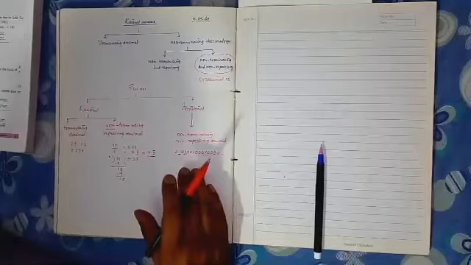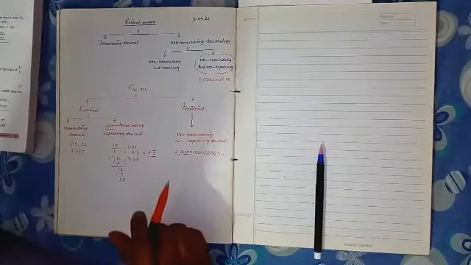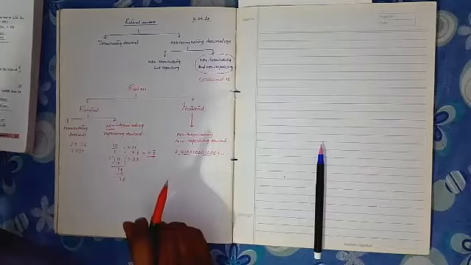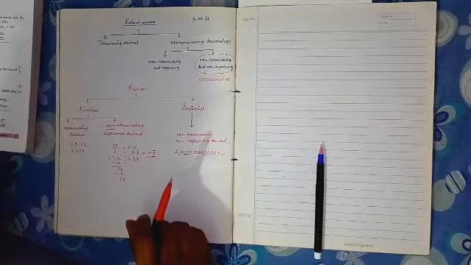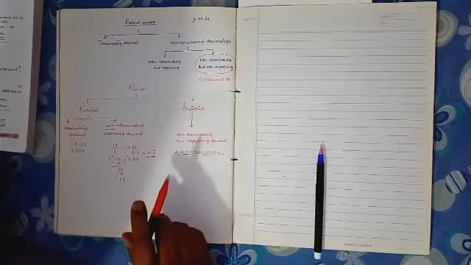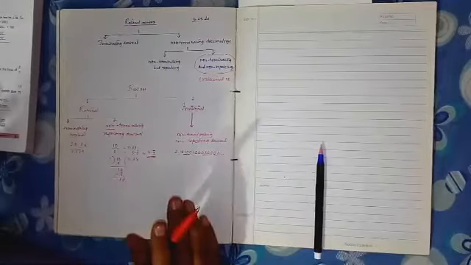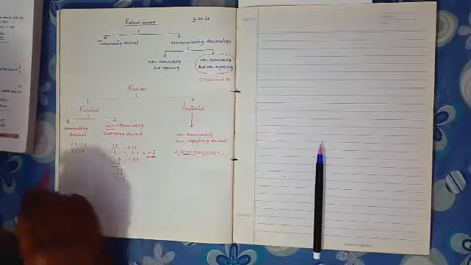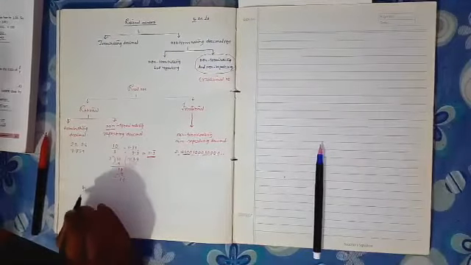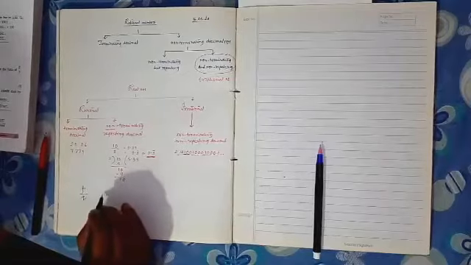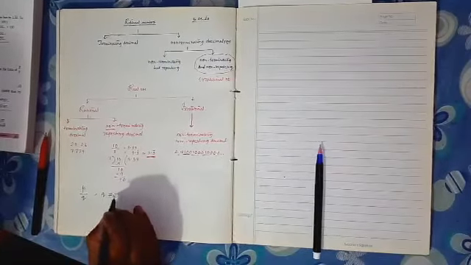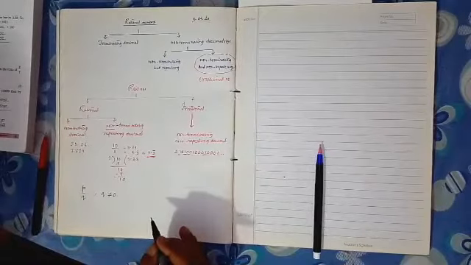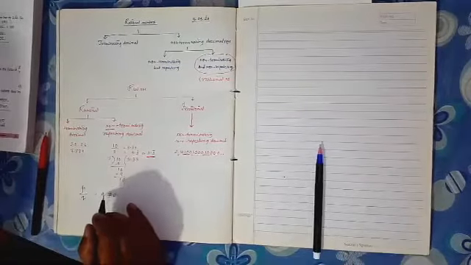Now, how to identify for a rational number whether the number is terminating or non-terminating, repeating? Since the number is a rational number, we can write the number in the form of p by q, where q is not equal to 0.